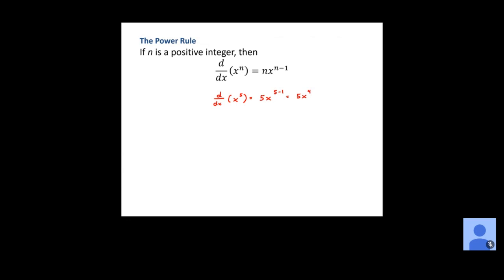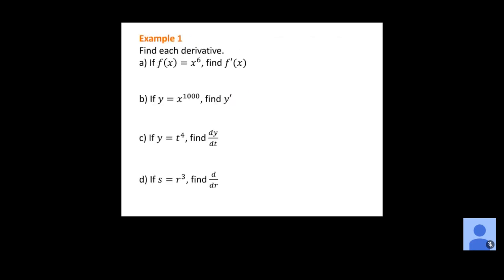Any questions there? All right, let's try these. So we've got f of x equals x to the 6th. We want to find f prime of x. So what should f prime of x be for that function?